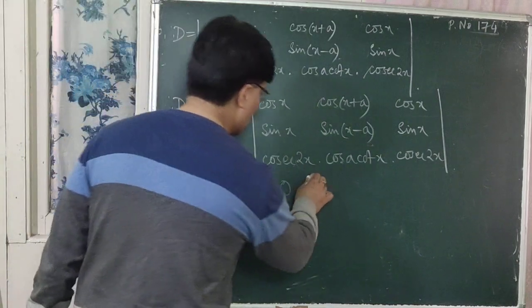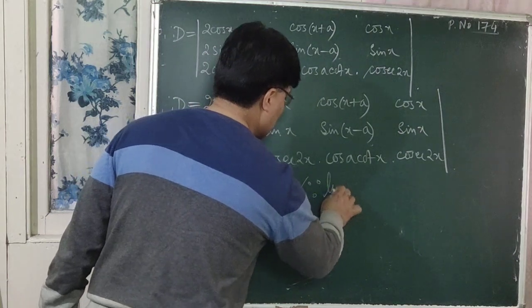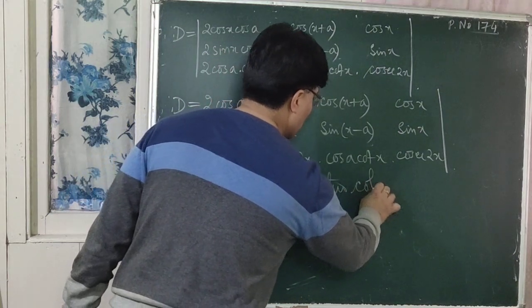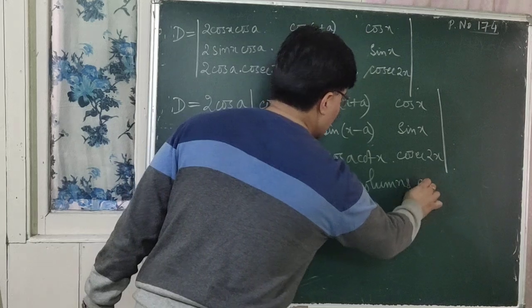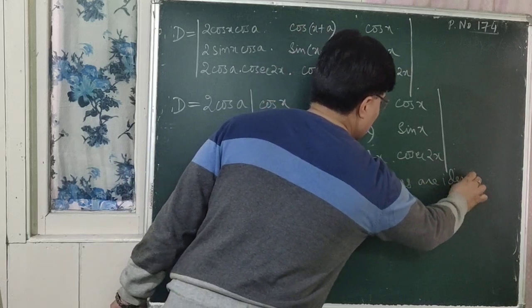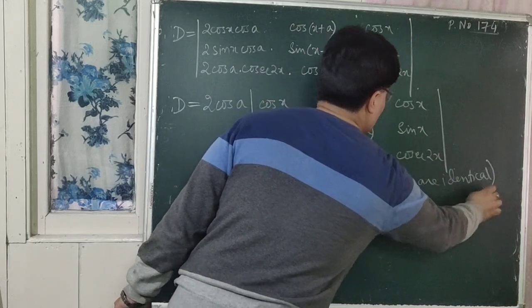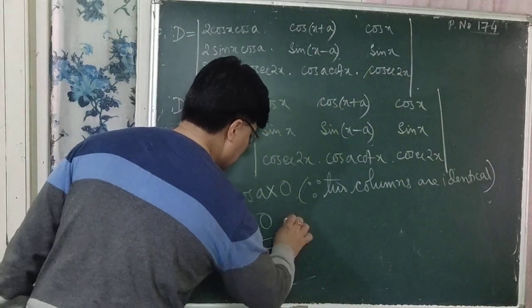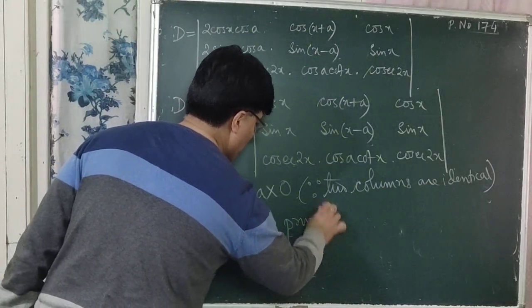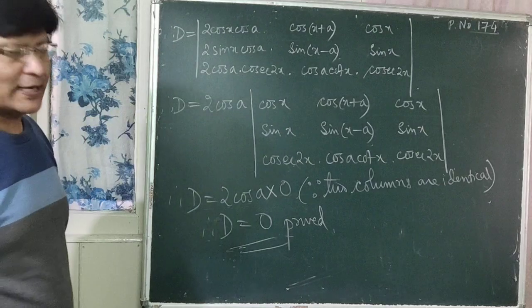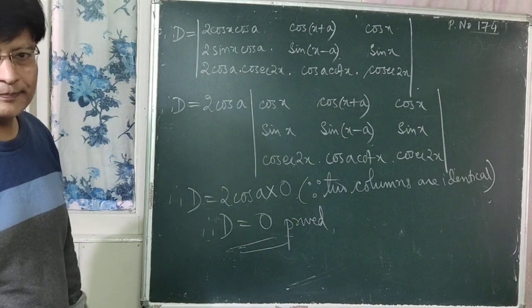So here we can write, since two columns are identical, proved. Is that clear to all of you?